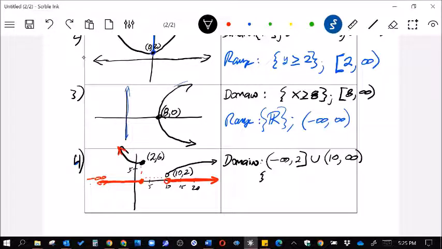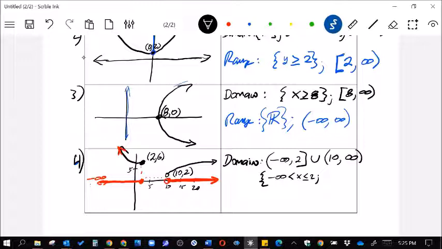If I were to write this in the other way that most people are more comfortable with at first, until you use interval notation enough, I would say negative infinity is less than x, which is less than or equal to 2.